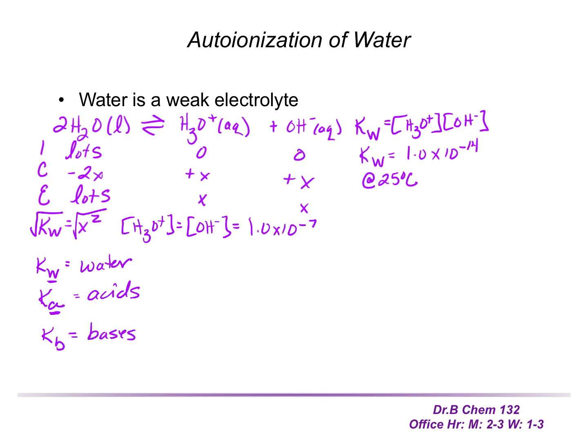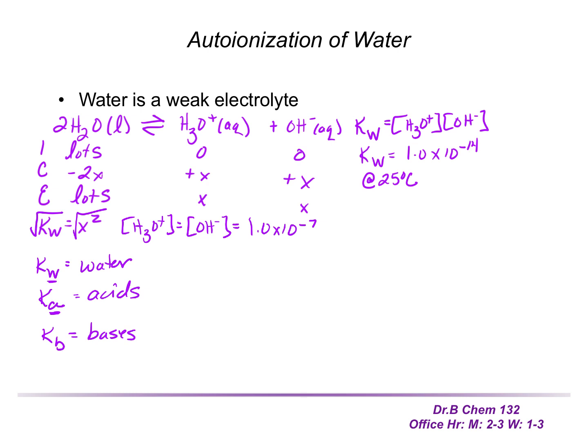These are specific equilibrium constants, big K, products over reactants, specifically for water, acids, and bases. They are no different than any other K. We're just giving them a little piece of flair to tell you that it's water, an acid, or a base.